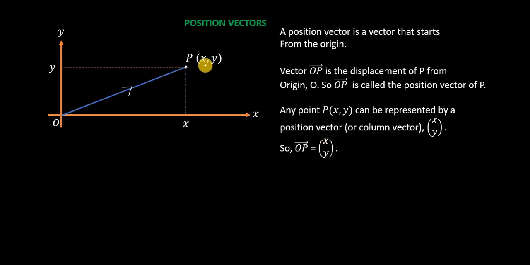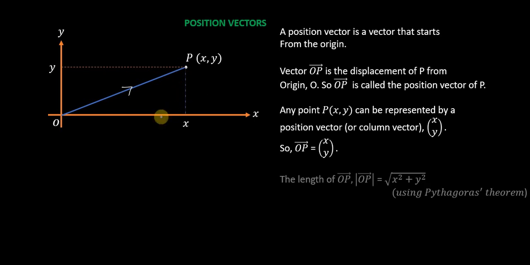In other words, to go from O to P, we go x units to the right in this case, because of where the point is, and we go y units up.